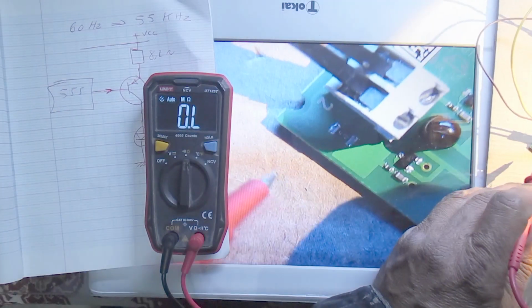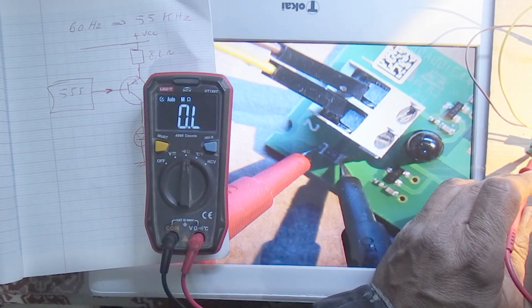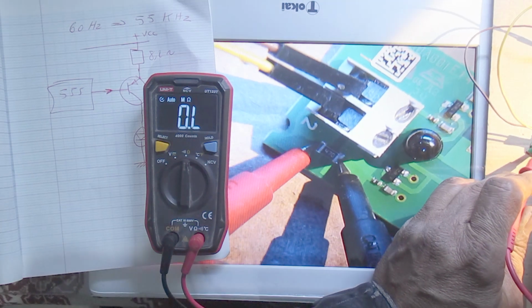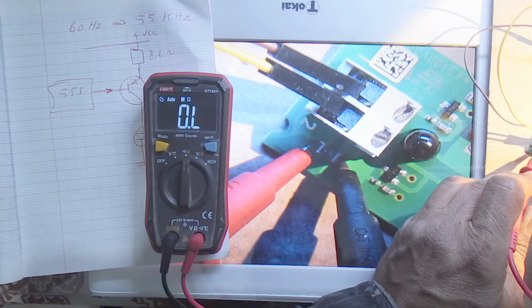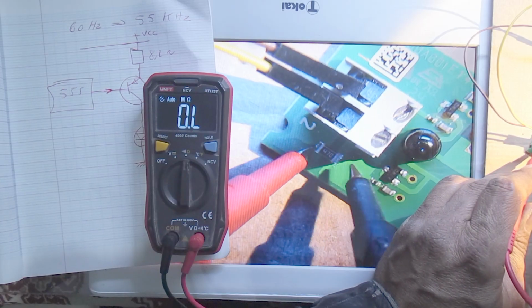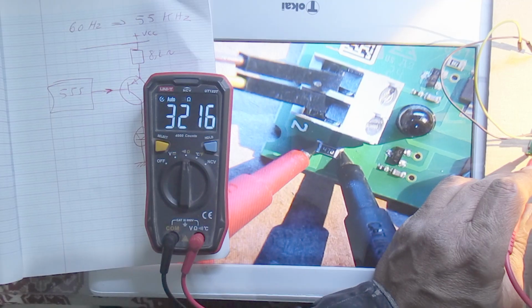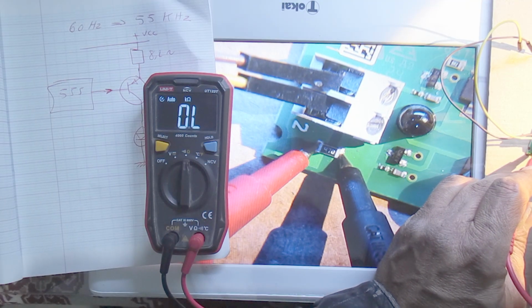I will check this tiny resistor. 170. Maybe it must read 47 ohm. Yes, 47. So it's okay.